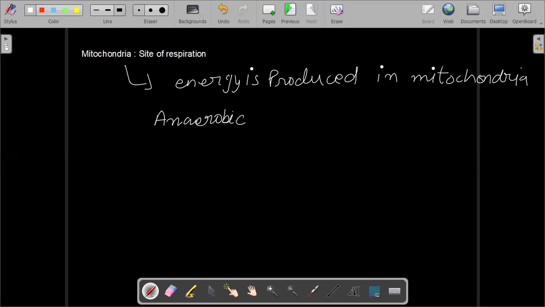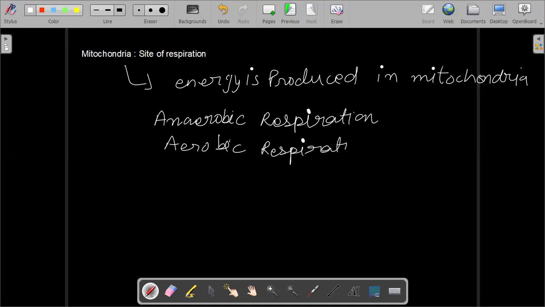It is the respiration done in the absence of oxygen, whereas aerobic respiration is done in the presence of oxygen. The cytoplasm performs the anaerobic respiration, and aerobic respiration is performed in the mitochondria.